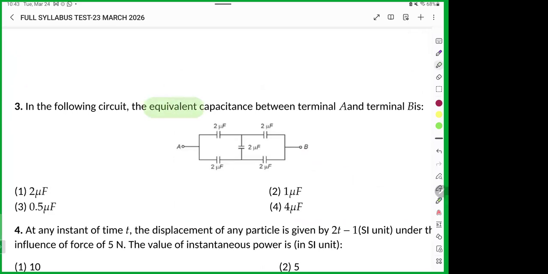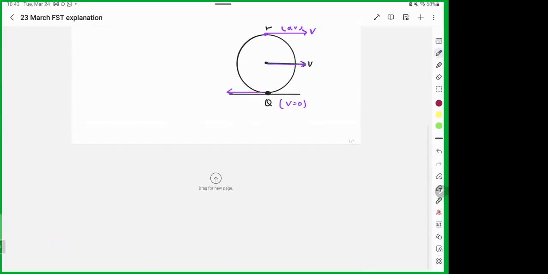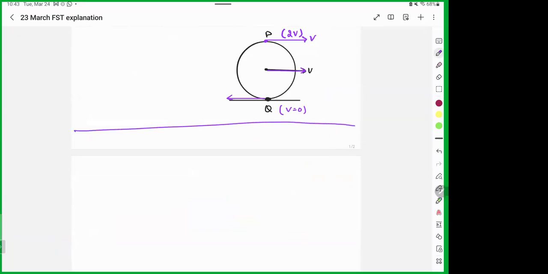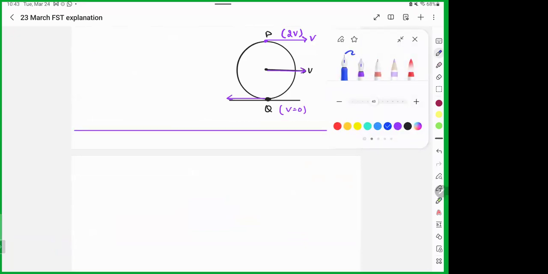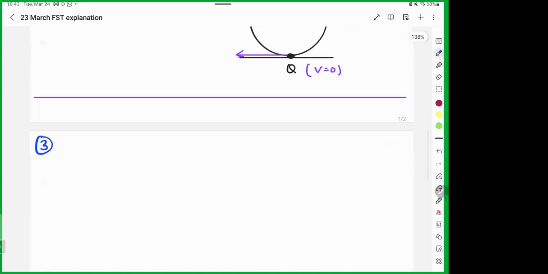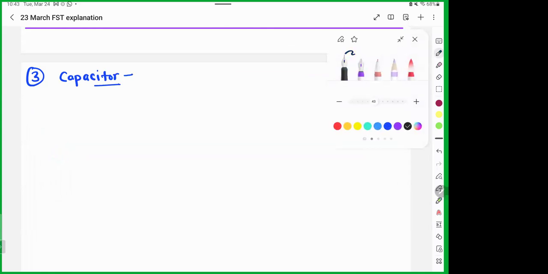Following circuit, find the equivalent capacitance between terminal A and B. These are the terminals. First rule you need to understand in this case, write the basic formulas in series and parallel combination. So in third question, whenever you read capacitor, you will have two combinations.